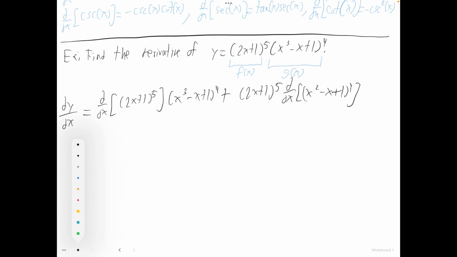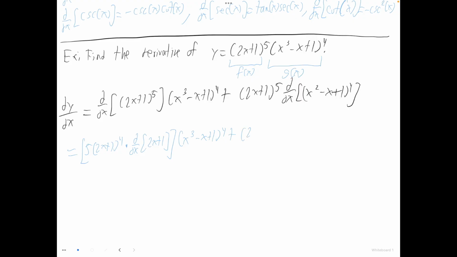Now we want to compute each of these inner derivatives, and we're going to use the chain rule for those derivatives. For the derivative of 2x plus 1 to the 5th, our outer function is to the 5th power. So we get 5 times 2x plus 1 to the 4th times the derivative of our inner function, 2x plus 1. Then we multiply that by x cubed minus x plus 1 to the 4th.